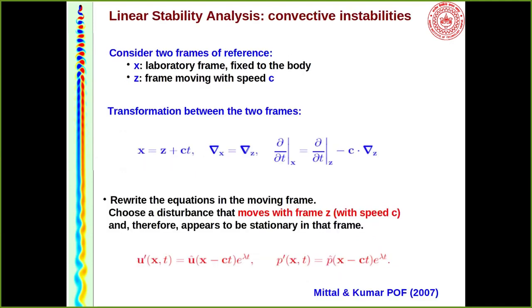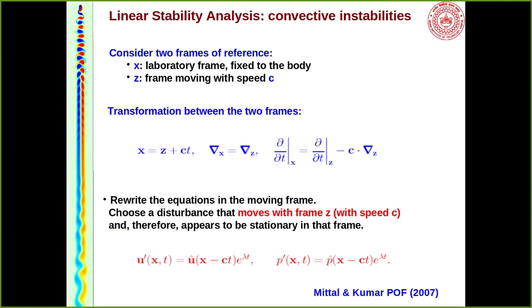Now I assume a very special kind of disturbance. The disturbance U prime has a spatial part, the eigenmode, and in time it behaves like e to the lambda t. These are standard eigenmodes that everybody assumes. And same thing for pressure.